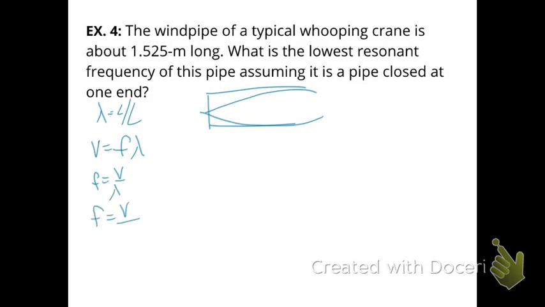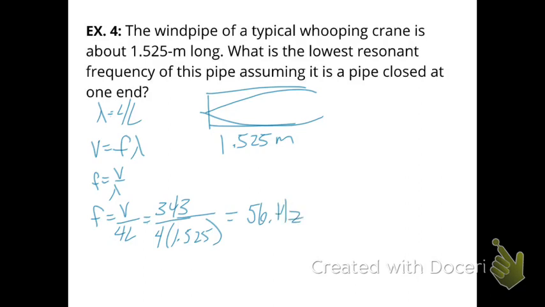Frequency is equal to velocity over 4L. 343 because it's sound, 4 times the length of the pipe, and that pipe is 1.525 meters. Therefore, we're looking at 56 hertz. That's the lowest frequency of a whooping crane. There we go.